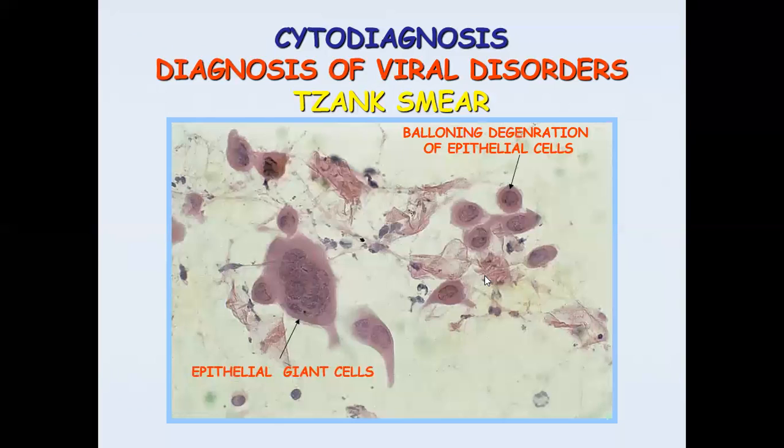So in herpes, you see these large giant cells or epithelial giant cells. These are not histiocytic giant cells, and are seen in herpes simplex and herpes zoster.